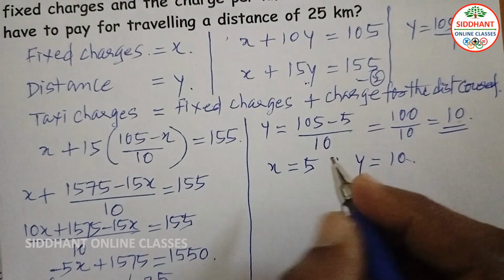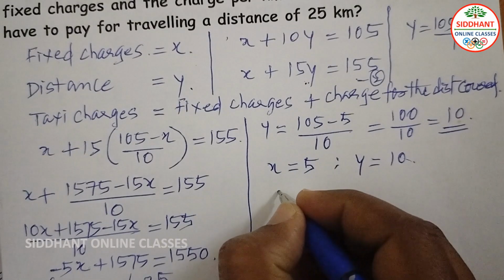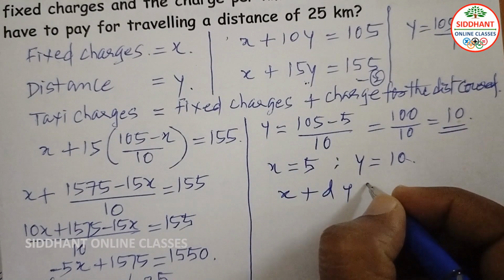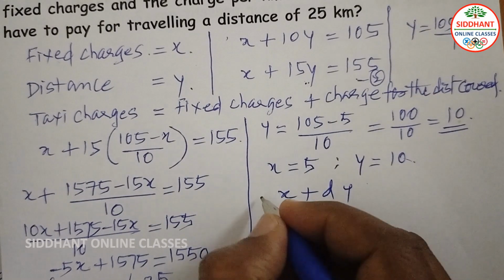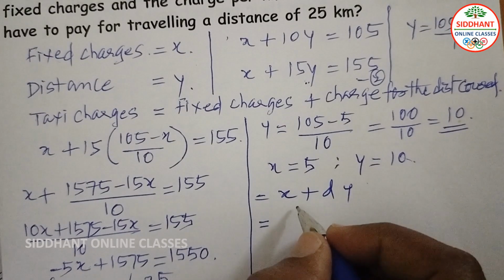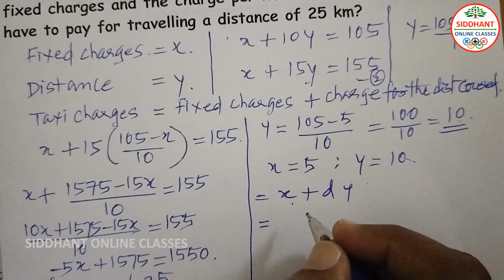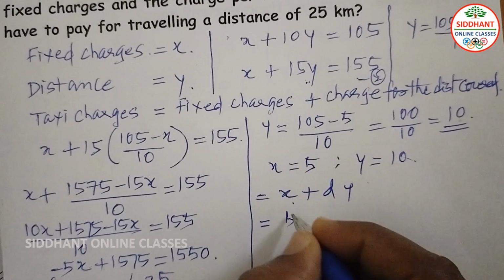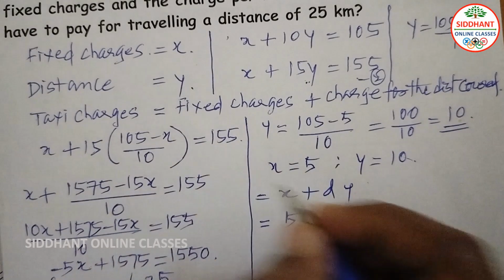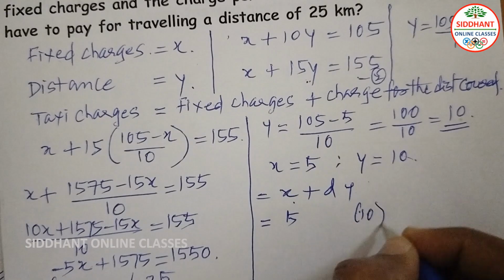So now we get an equation x plus dy, where x is fixed charge, which is 5, and y is the charge per kilometer, which is 10.